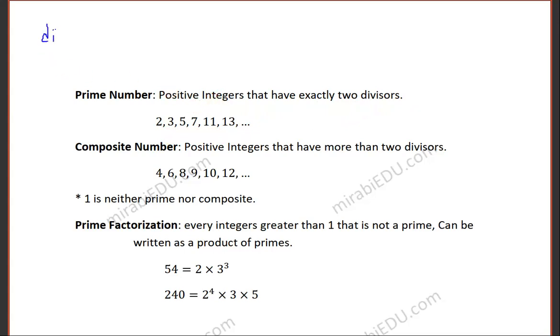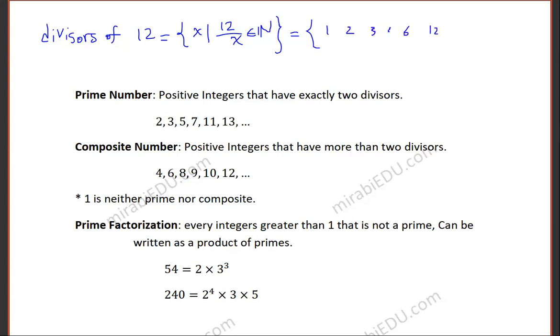For example, if I want to know what the divisors of 12 are, they are composed of positive integers x so that 12 over x is a natural number, or a positive integer. So these sets will be 1 and 12, 2 and 6, and 3 and 4.